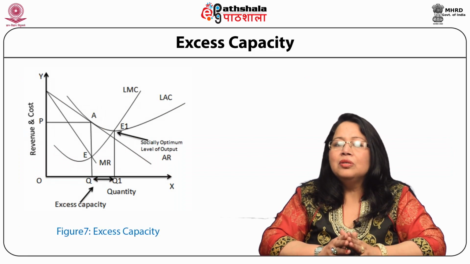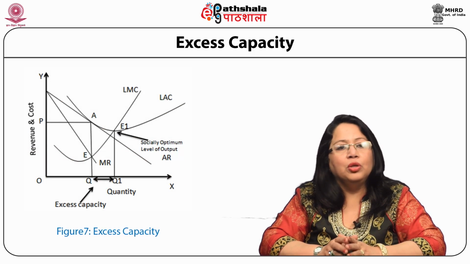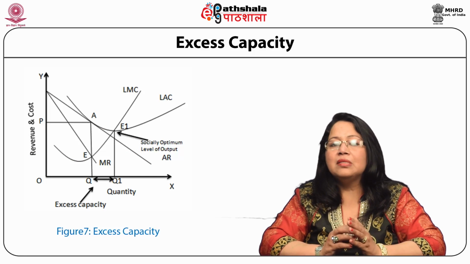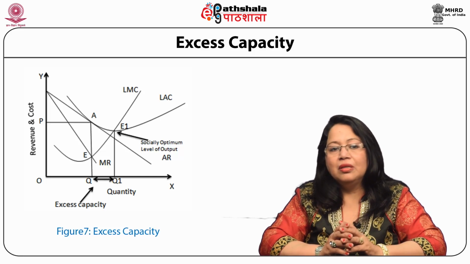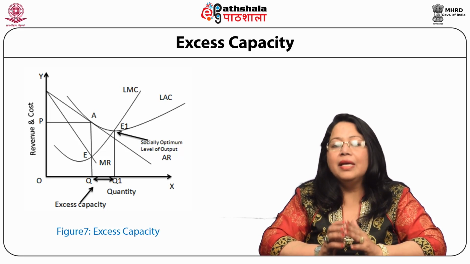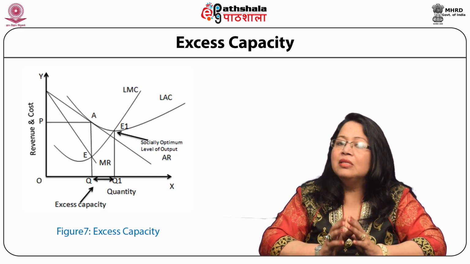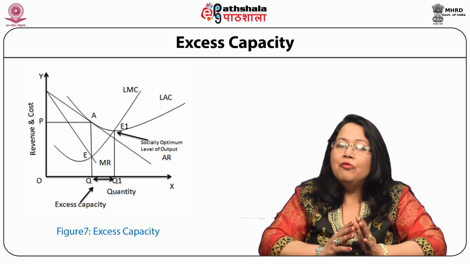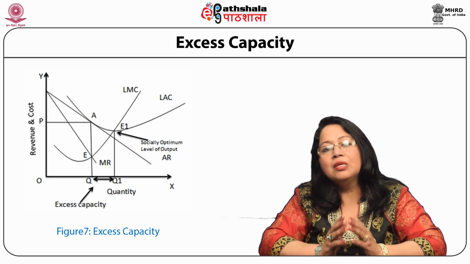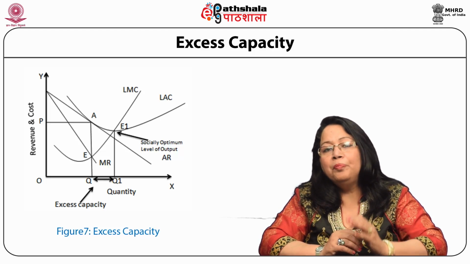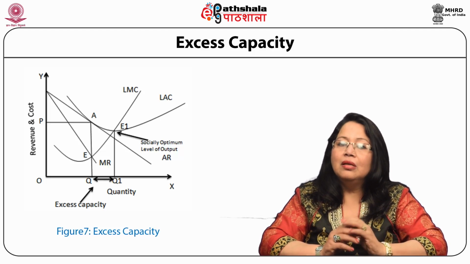Figure 7 shows the long run equilibrium and excess capacity of a firm under monopolistic competition. Here, the firm is in equilibrium at point E. The firm is producing OQ level of output and charging OP level of price.